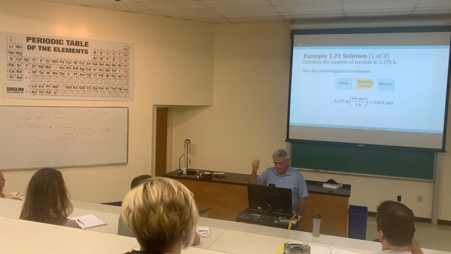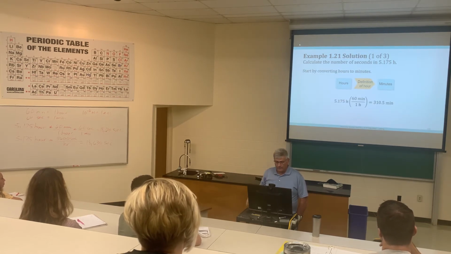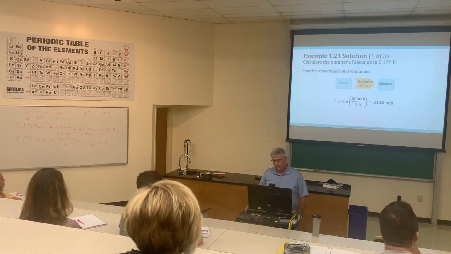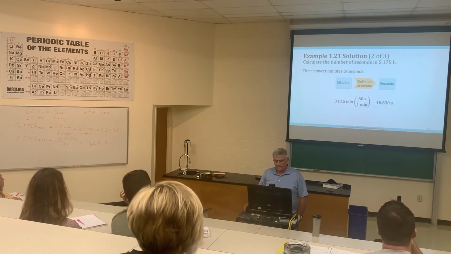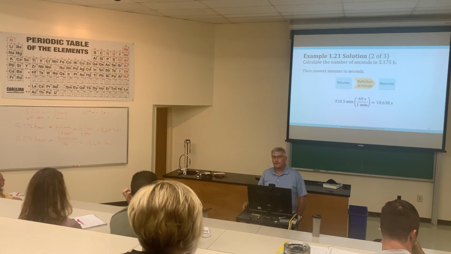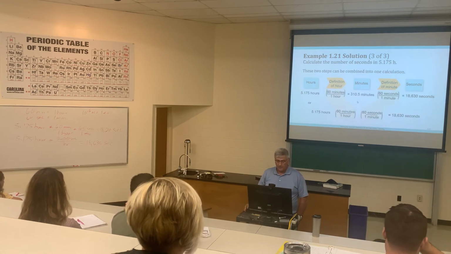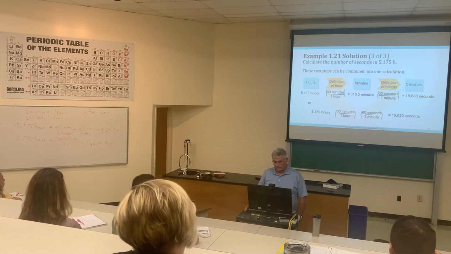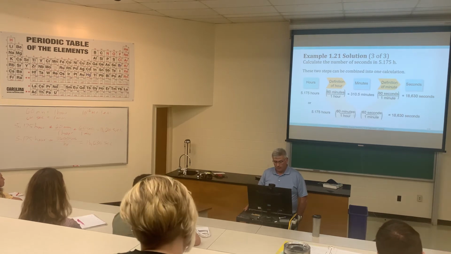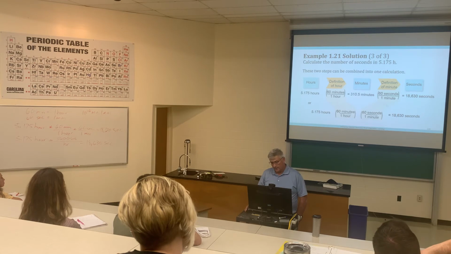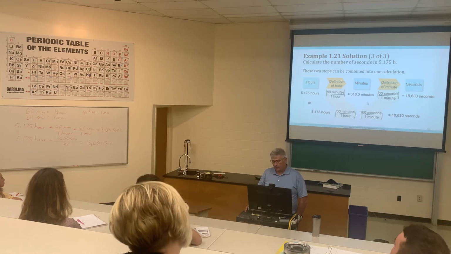All right. Definitions, here's doing it one step at a time from hours to minutes, and then to take that and from minutes to seconds. So we can do it in that way, or we can do it as one calculation with multiple conversions in it. Doesn't matter either way, it's fine.